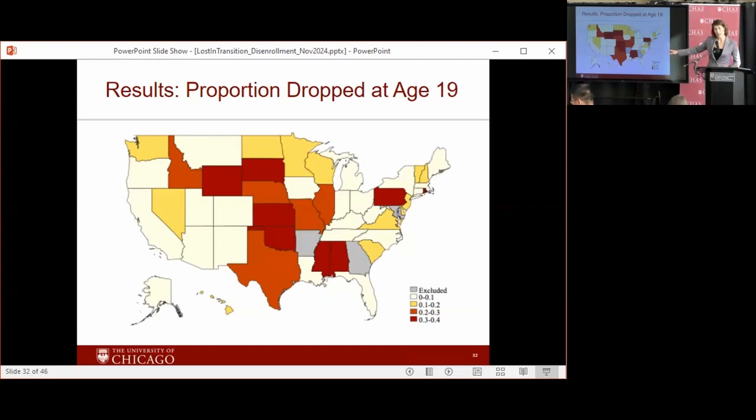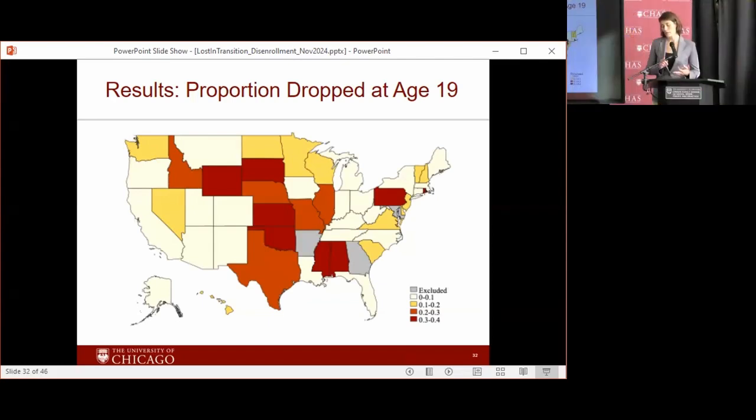So you can see, again, that there's a huge variation in whether you are likely to be disenrolled from Medicaid at age 19, depending on where you live. In certain states, Montana, Oregon, Michigan, Maine, for example, you're much less likely to be disenrolled than if you live in Wyoming, Mississippi, Alabama, Oklahoma, or Pennsylvania.